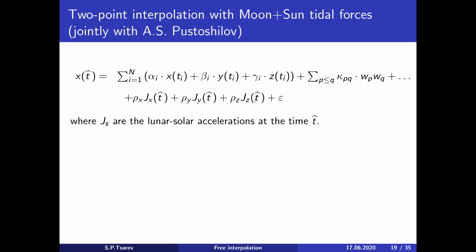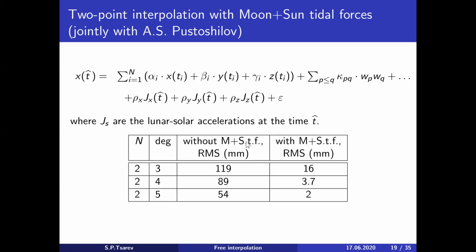So x, y, and z coordinates of sun and moon, or even better, the tidal forces, which are quite common to compute, and it's openly and easily and quite precisely computable, with some unknown coefficients rho x, rho y, and rho z. So we introduce 3 more terms in our free interpolation formula, where we have unknown coefficients alpha, beta, gamma, kappas, and rhos, and certainly epsilon as the error of interpolation.